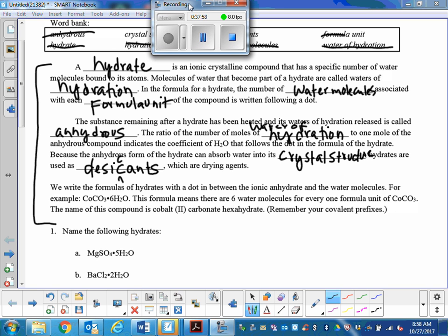Why do we need desiccants? There's moisture in the air, it can cause a lot of damage. So as long as the product is sold, they don't want the damage to happen due to water. Why don't we use ionic compounds widely as desiccants? Instead we use the silica beads as desiccants.